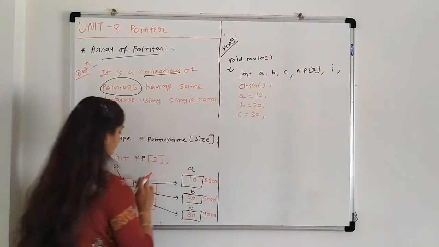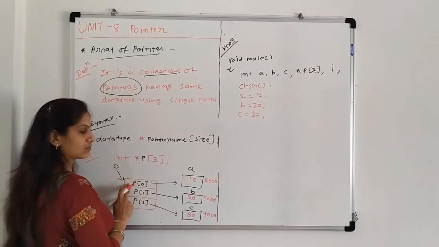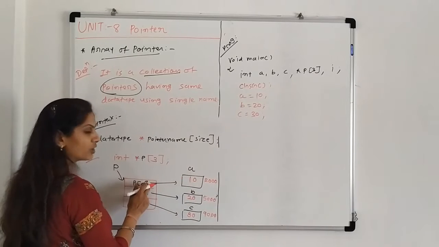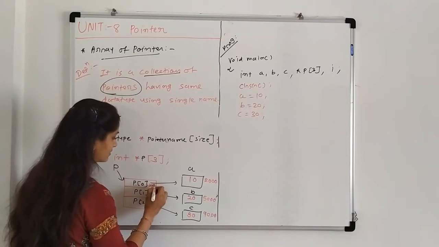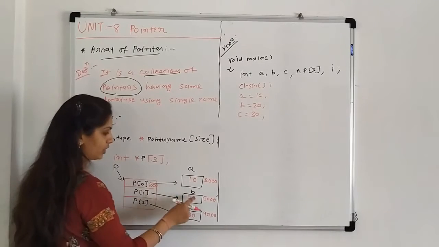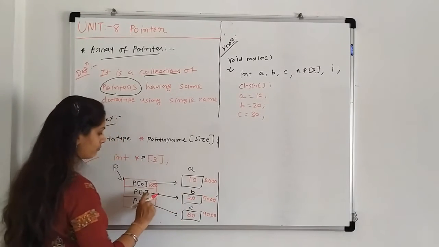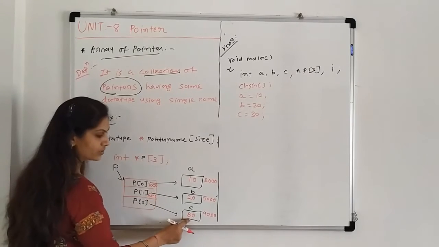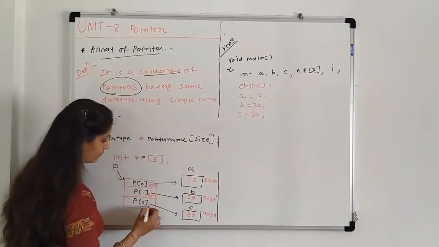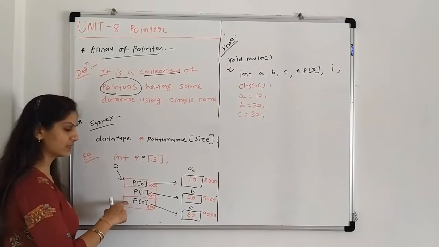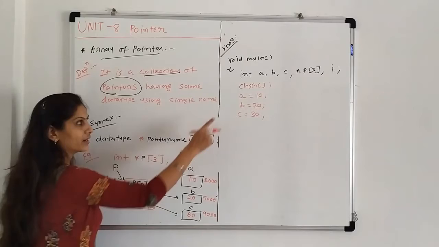For that we first write P0 equals address of A, because P0 is a pointer that stores an address, and the address of A is 2000. Here P1 points to B, so the address of B, that is 5000, is stored here. Same, P2 points to C, with the address 9000. According to the figure we have to assign these values. A, B, C are already assigned.